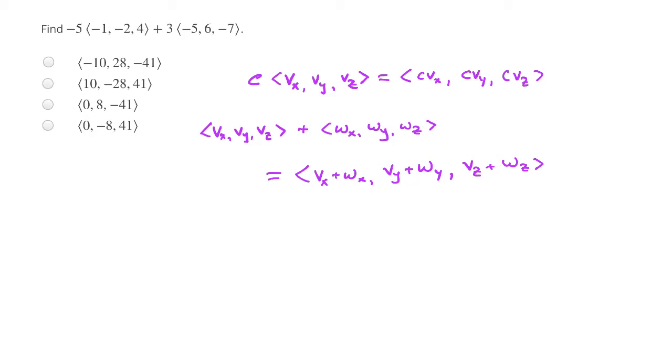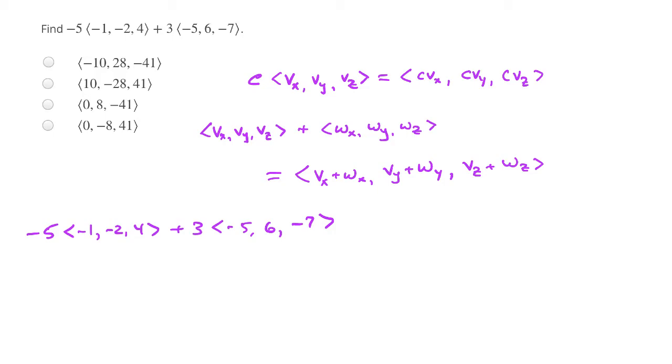And so for this particular problem, what we have is negative 5 times my vector negative 1, negative 2, 4, plus 3 times the vector negative 5, 6, and negative 7.